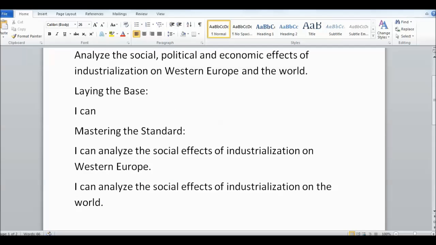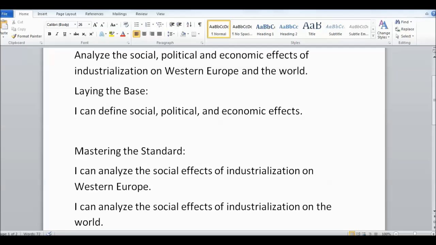Now, in order for a student to be able to analyze the social, political, and economic effects of industrialization on Western Europe and the world, there are some things that I think they might need to be able to do. They might need to be able to define social, political, and economic effects, because those words might not mean anything to them.